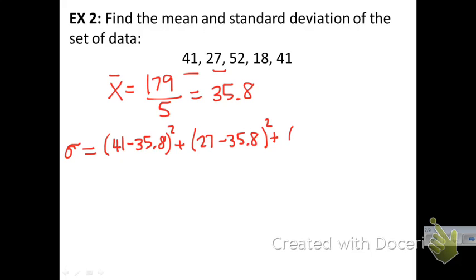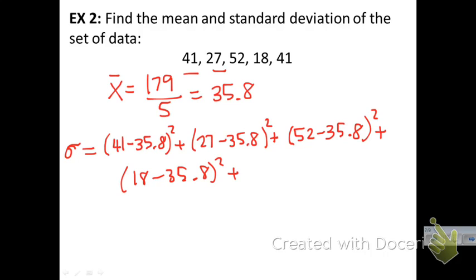The next one will be 52 minus 35.8, and I'm going to write below it. And then we'll take 18 minus 35.8 and square it. Nope, my handwriting got really sloppy. And then 41 minus 35.8 and square that.